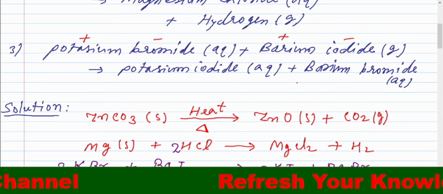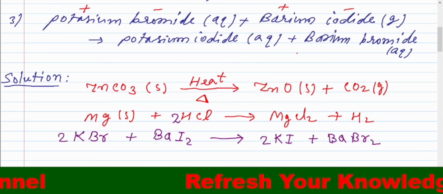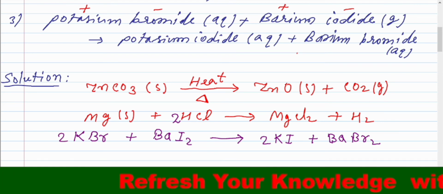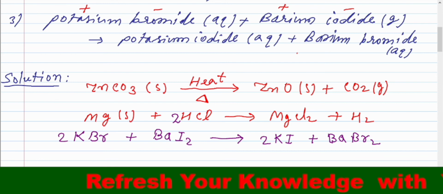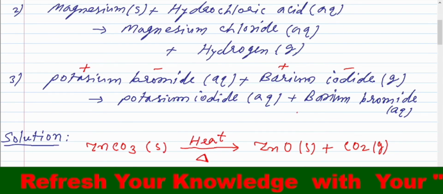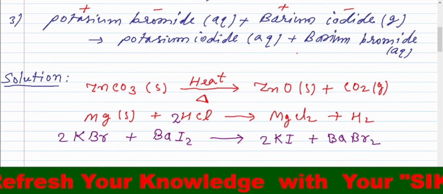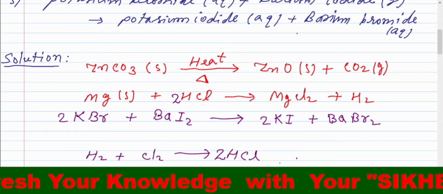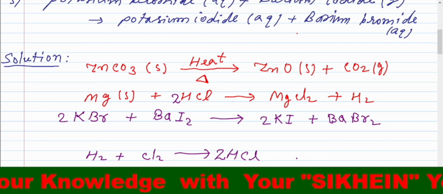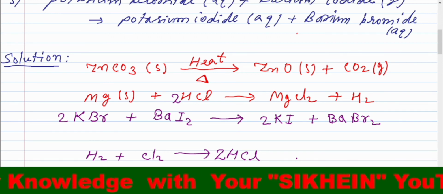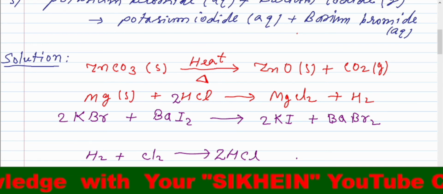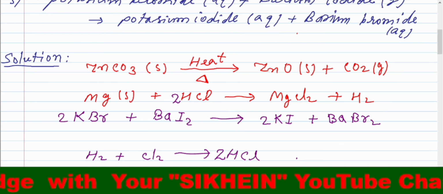And in fourth, I have taken H2 plus Cl2, hydrogen and chlorine, we get HCl, hydrochloric acid, right? It is a combination, or you can say a synthesis reaction, right?